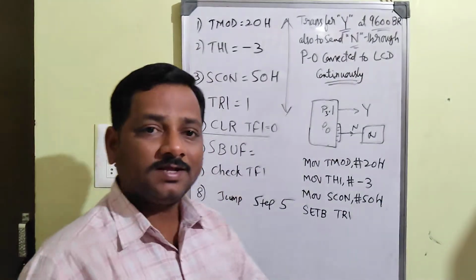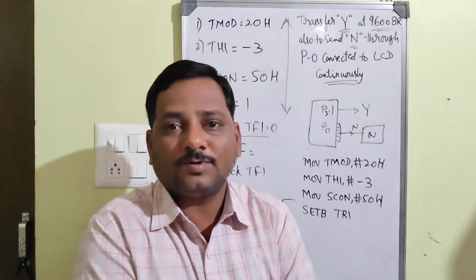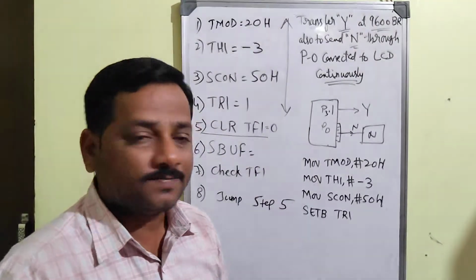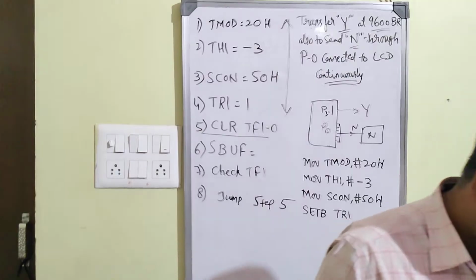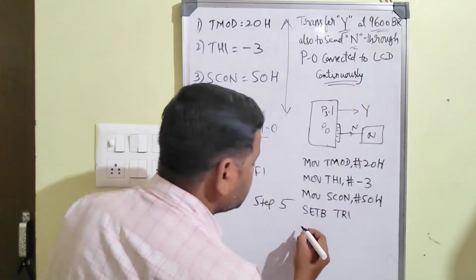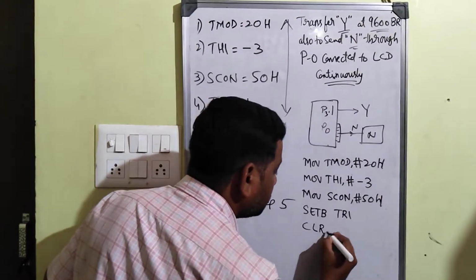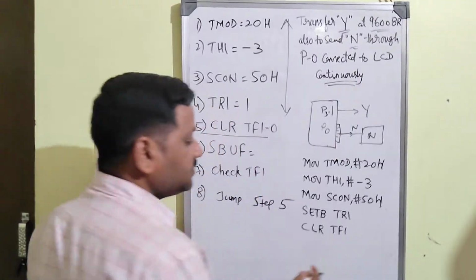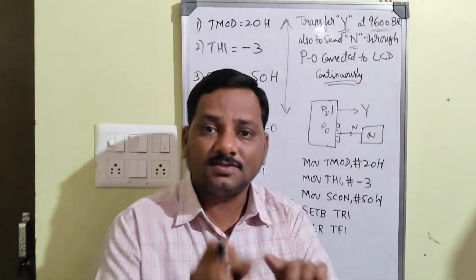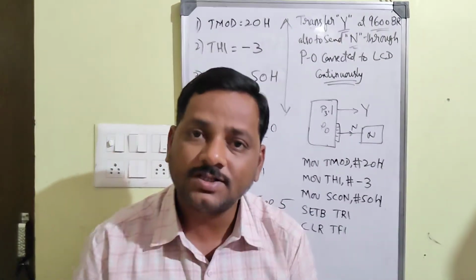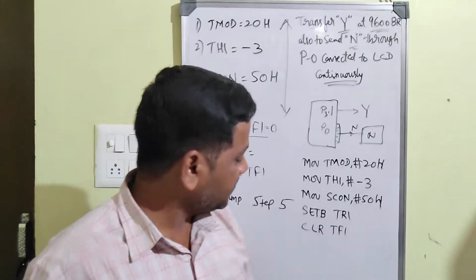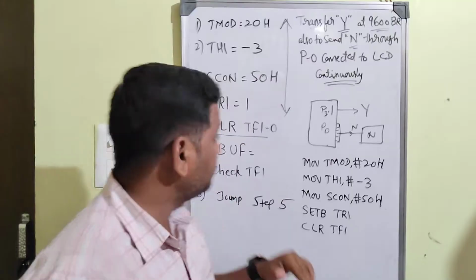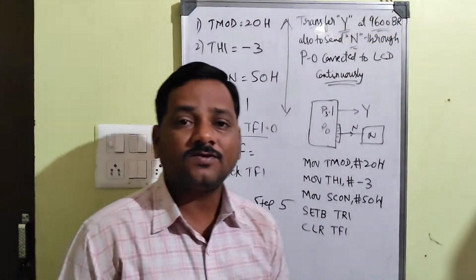Okay. So before that, let's open the door. So how to open the door? Just clear that TF1. How to clear? Again TF1, using an instruction called CLR TF1. I'm just making the TF1 register 0, making sure that we are checking for that TF1 later. So now I'm making it 0, and then give the data into SBUF. So what is our first data?